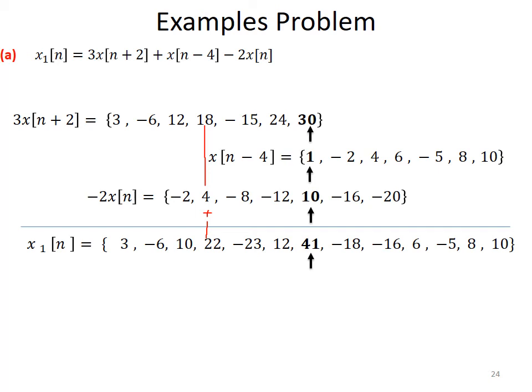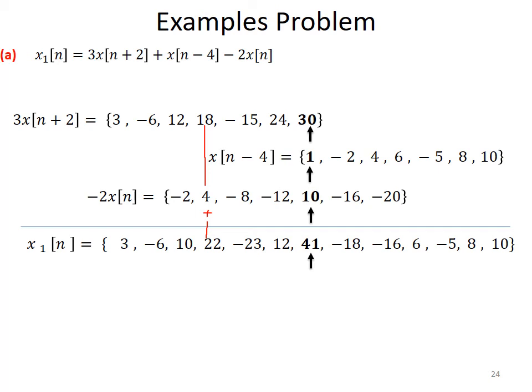In x of n minus 4, 1 appears at n equal to 0, and in minus 2x of n, 10 appears at n equal to 0. So these would be added together. And similarly, 24 would be added with minus 12, and in this sequence no such value exists for n equal to minus 1, so we'll assume it is 0.